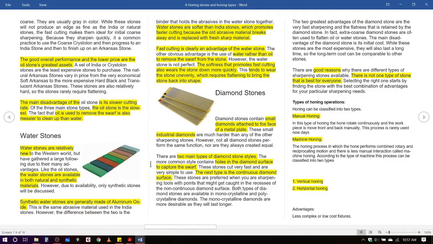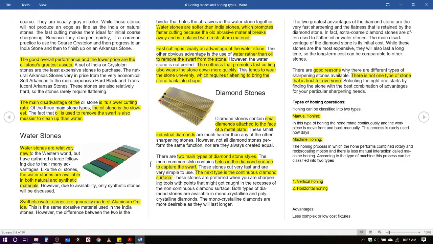Water stones are relatively a newer development when compared to oil stones. As the name implies, water stones are used along with water as the fluid which is used to remove the swarf or excess metal. The water stones are available in both natural as well as synthetic forms.